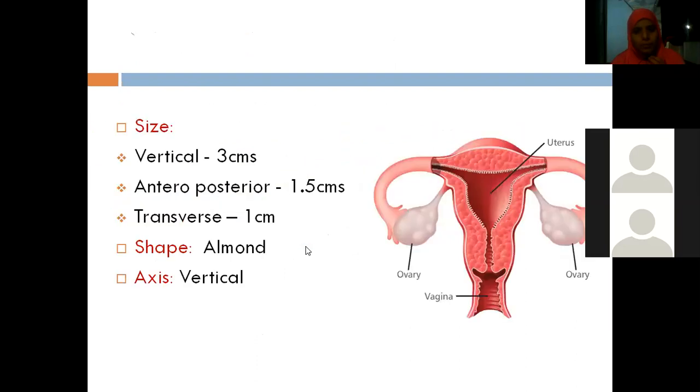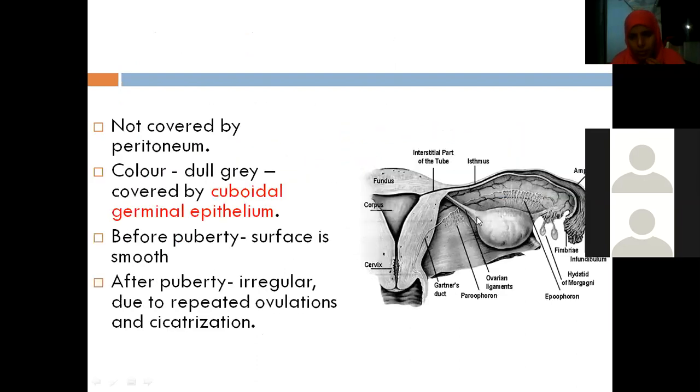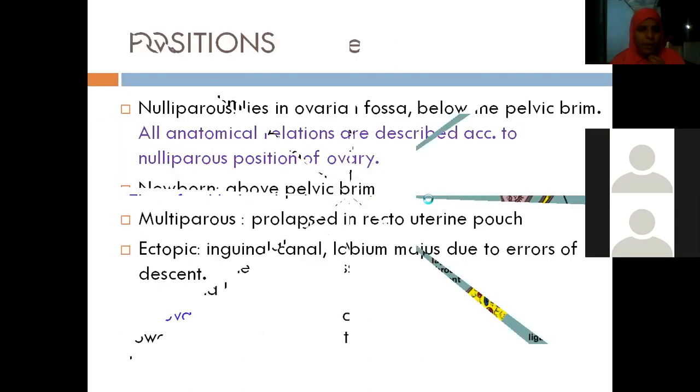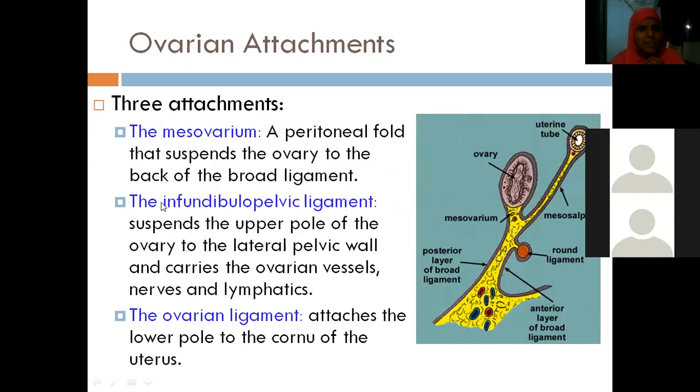Suppose this is the upper pole of the ovary; it goes to the lateral pelvic wall like this. The name of that ligament is the infundibulopelvic ligament. In it you will see the passage of the ovarian vessels, nerves and lymphatics.